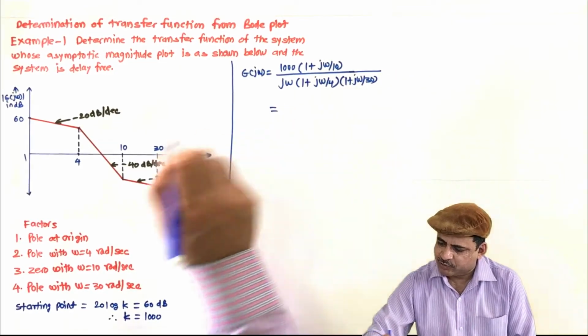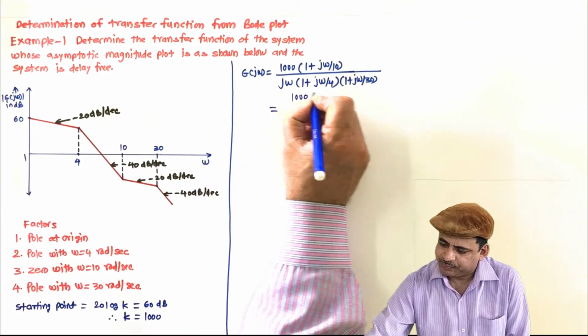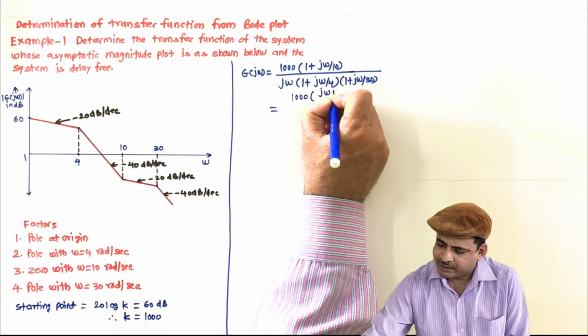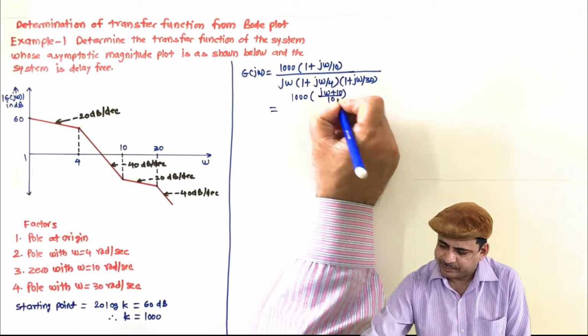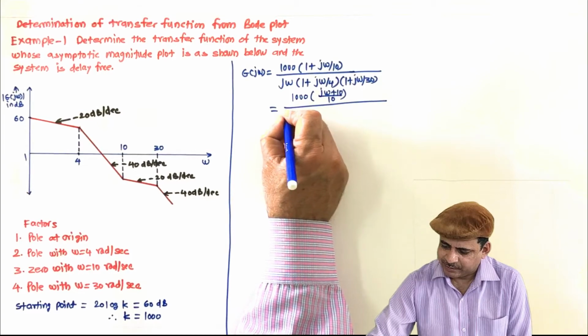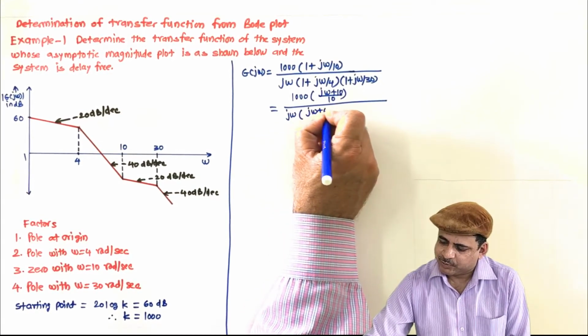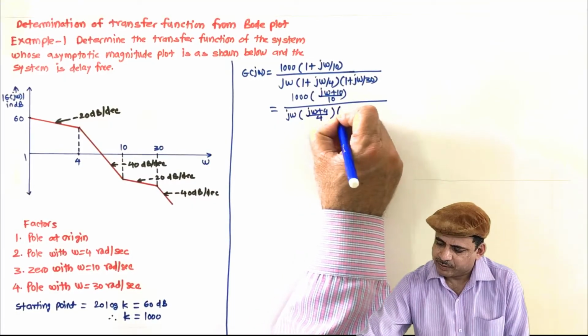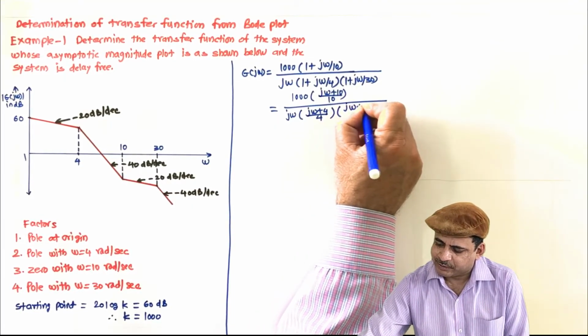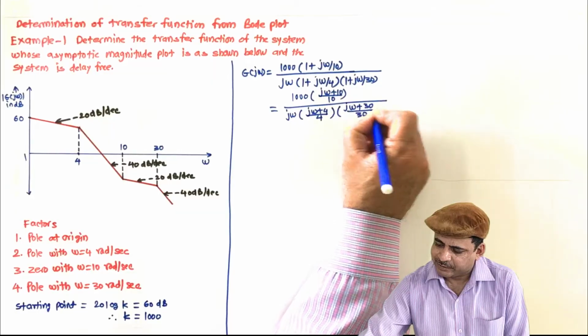And what this gives me is 1000 into (jω + 10)/10 divided by jω into (jω + 4)/4 into (jω + 30)/30.